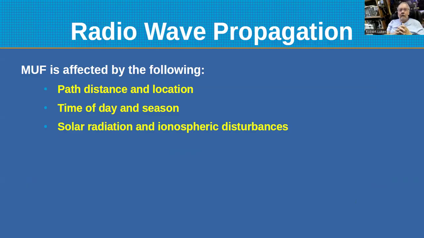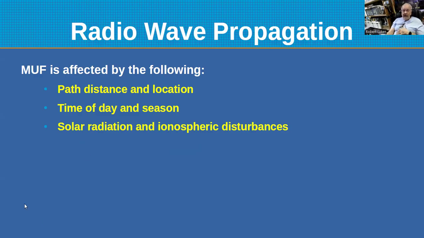So the reason path distances are listed is because the longer the path through the D layer, the more absorption. So you have less and less signal. So that's why it depends on the distance and the location. Also, the time of day, because during the day you're going to have more absorption than you are at night, and the seasons also, summer and winter, will have an effect on it.